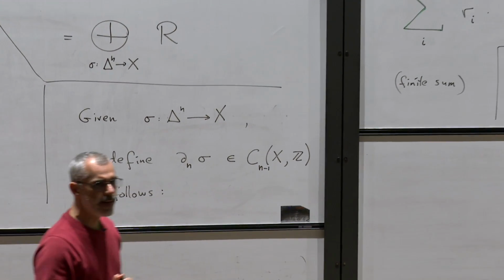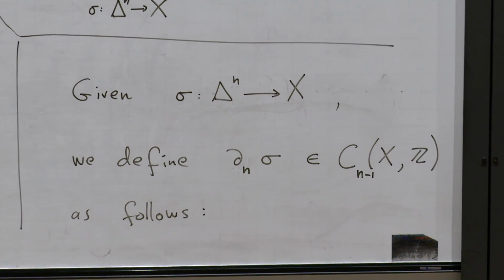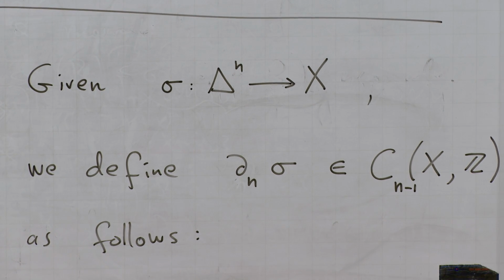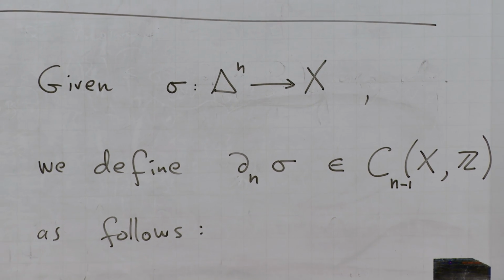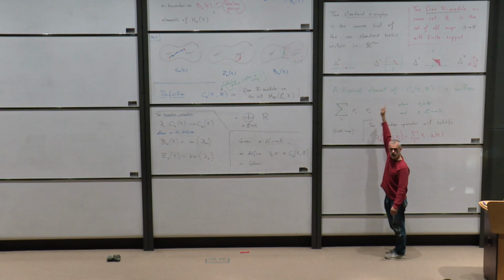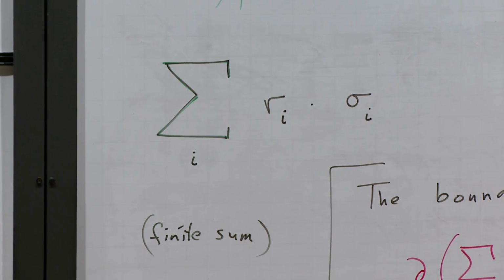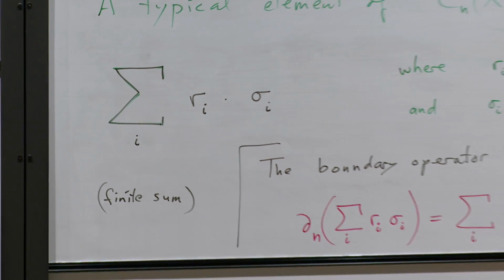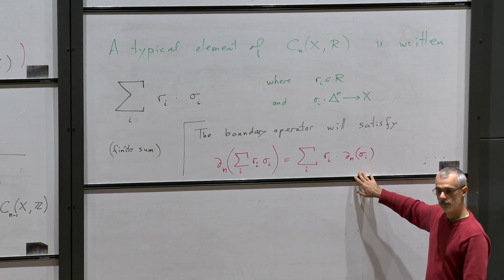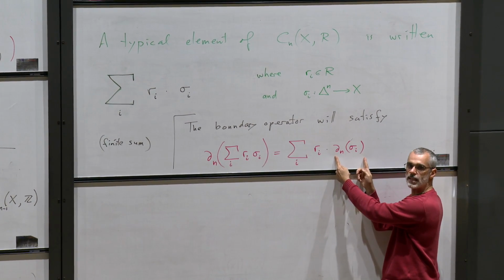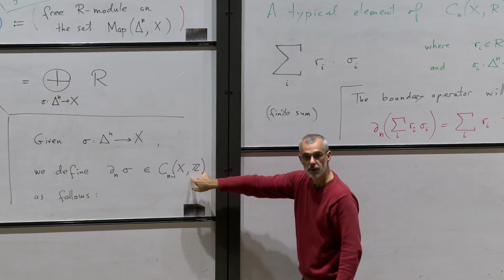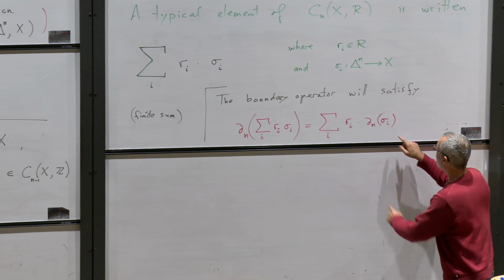There's something a little bit tricky about the way I wrote things. Here I have something where the coefficients live in R. My R is an abelian group, nothing more than that. And I'm proposing to use this formula, which has coefficients in Z. So here I have some numbers that are floating.